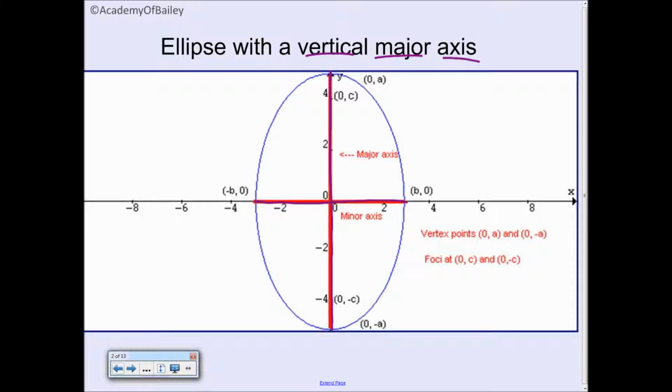Okay, so some important vocabulary terms you're going to have to memorize. Right here, positive and negative A are going to be the vertices, the vertex points.